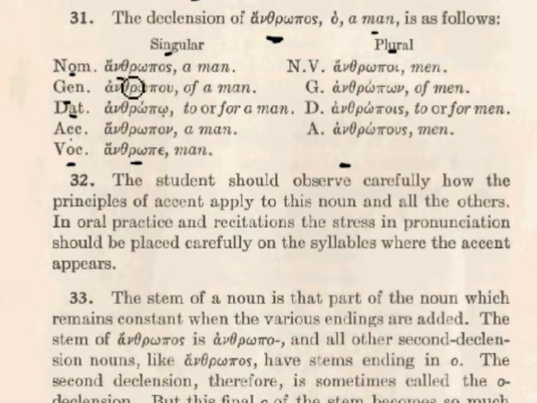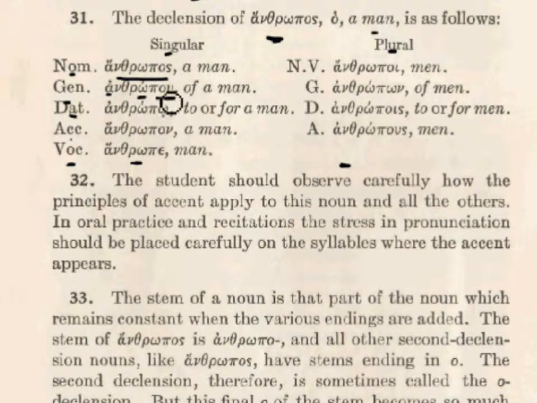Anthropos is the nominative singular. This is the form that you're going to find in the vocabulary list. If we're going to say of a man, something belongs to a man, you see that idea, then it becomes anthropou. But notice the long ultima requires that the position of the accents shift from the antepenult to the penult.